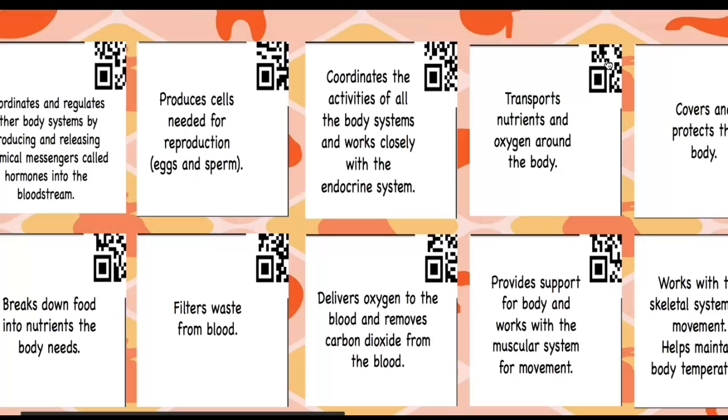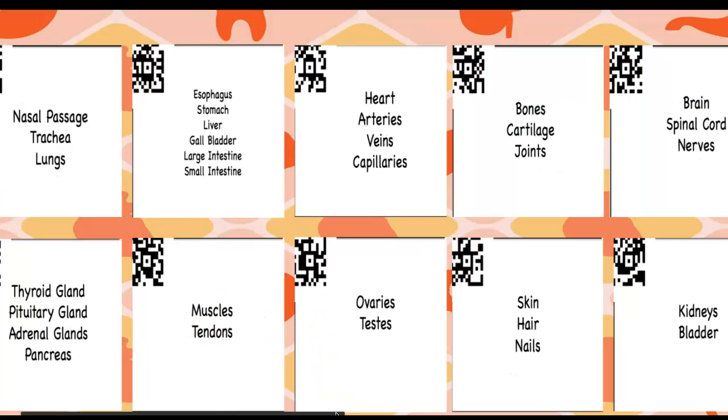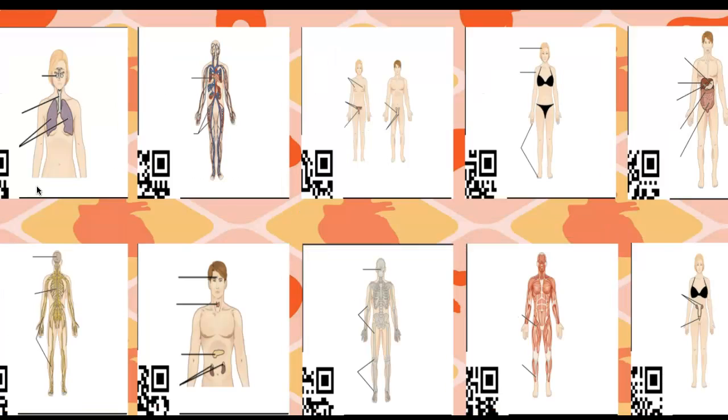On this slide, you can see these are your functions. Transports nutrients and oxygen around the body, filters waste from blood. So these have a variety of functions on them. And then these are your body parts. So like muscles and tendons, you have skin, hair, and nails, heart, arteries, veins, esophagus, stomach, trachea, lungs. So you are matching these with the correct system that they belong to.